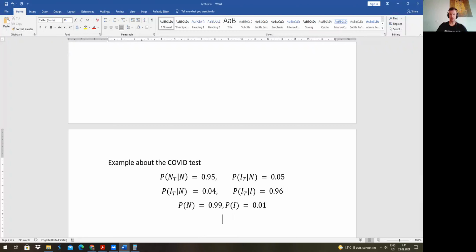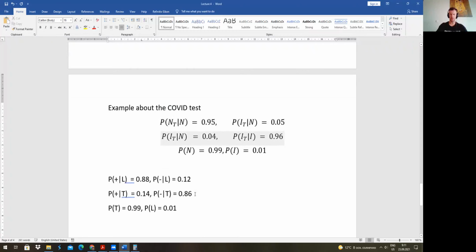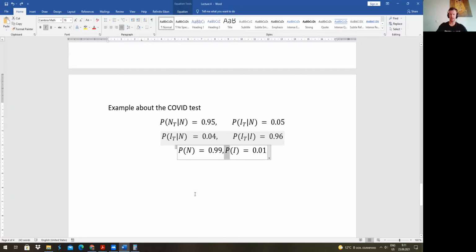Now, first question, we are interested in this. What is the probability that the test will show us the result that the person is infected? Any answers? Anybody calculated?